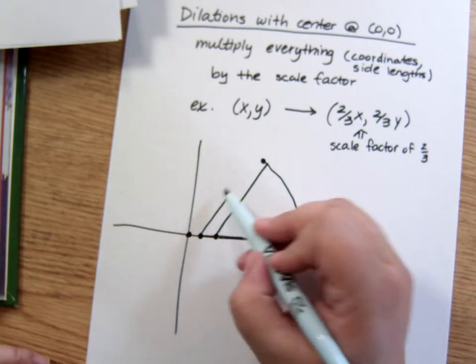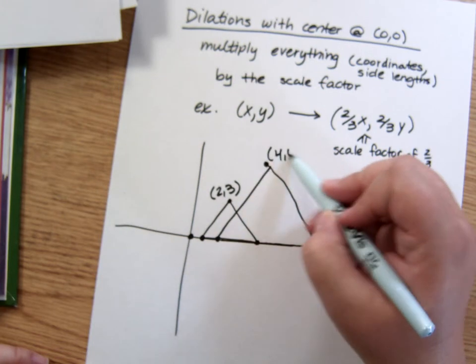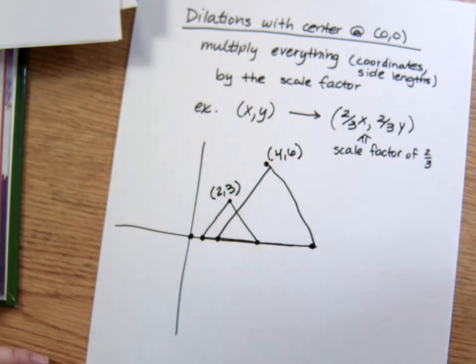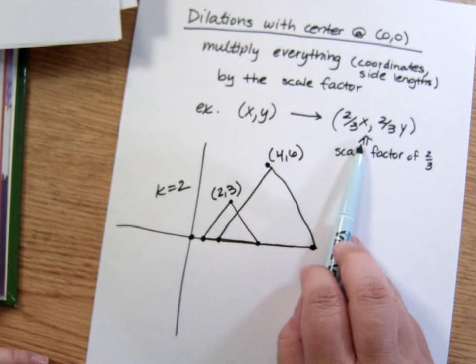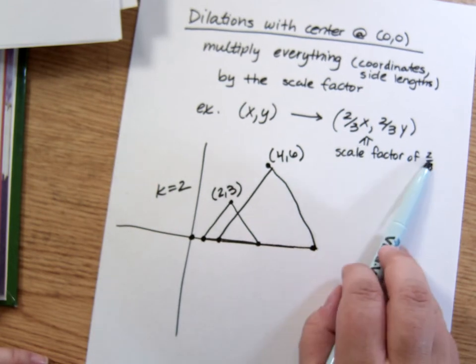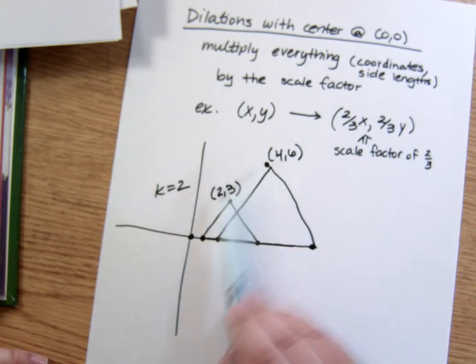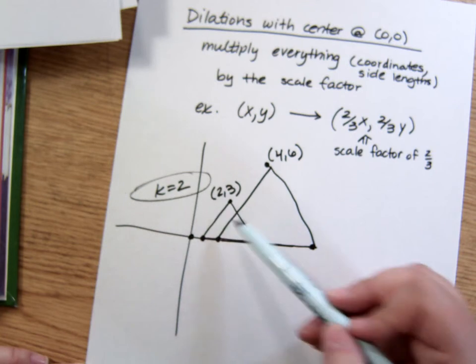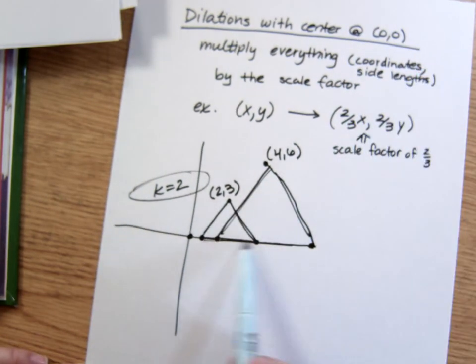So for instance, if this was 2, 3, this would be 4, 6. Everything times 2, if my scale factor was 2. This example up here is if my scale factor is 2/3. Notice that not only did the coordinates get changed by 2 for a scale factor of 2, but the side length would be twice as long, twice as long, twice as long.